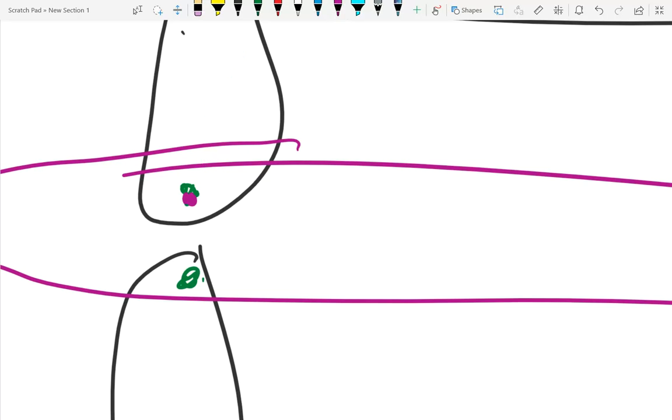I should change color there. There we go. The upward force is from the support pulling up on the pin. Then you have the downward force of the walkway, but that walkway is holding up all of this.